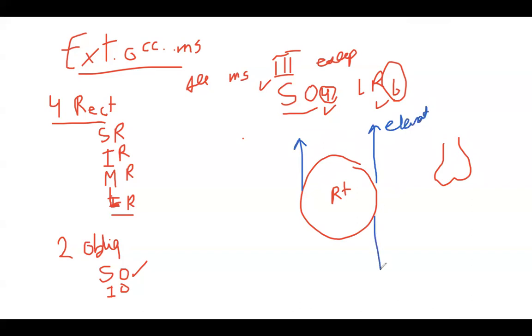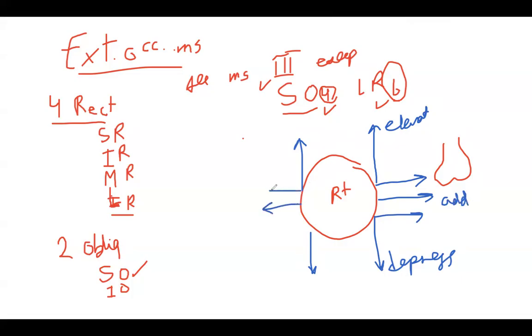The opposite of elevation, down, is depression, movement of the eyeball down. Movement medially toward the nose is named adduction, and movement laterally away from the nose is named abduction.